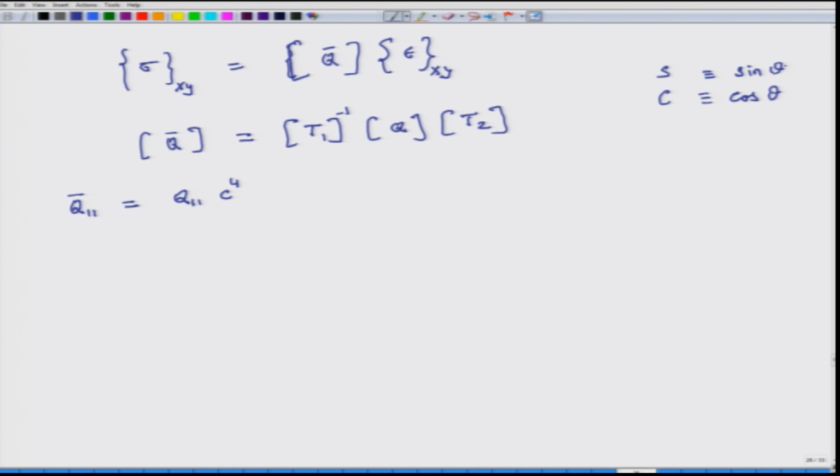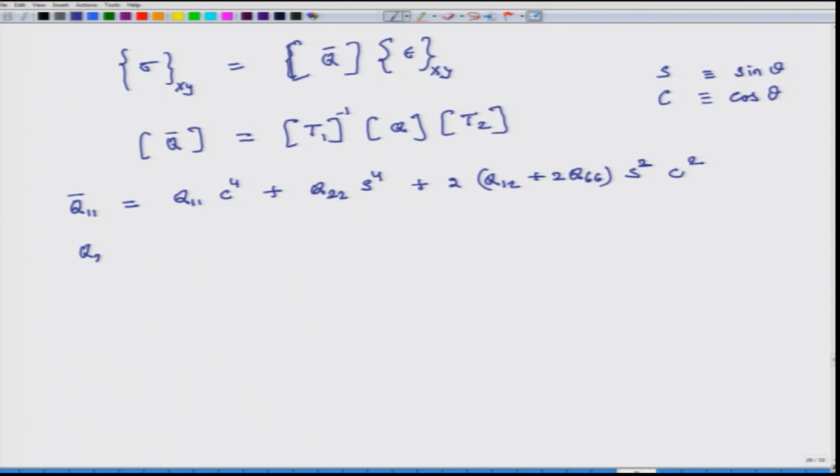So, Q11 bar is equal to Q11 times cosine 4 theta plus Q22 sin 4 theta plus 2 times (Q12 plus 2 Q66) times sin square theta cosine square theta.